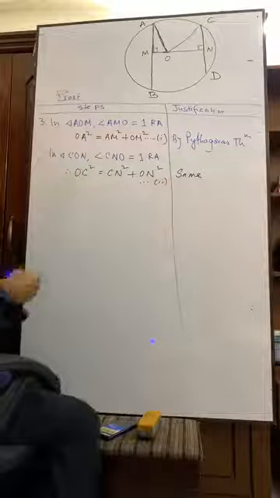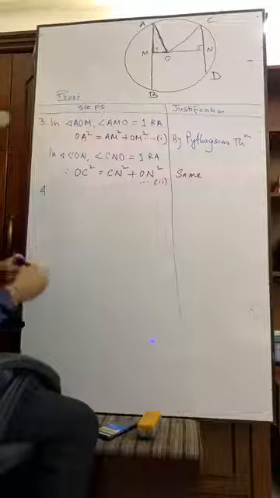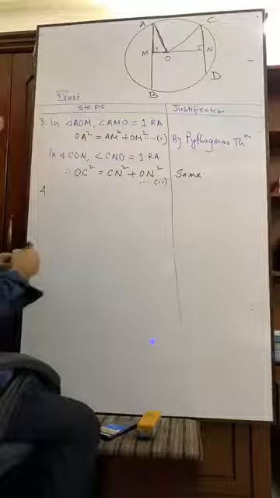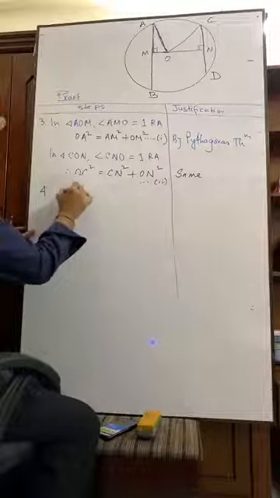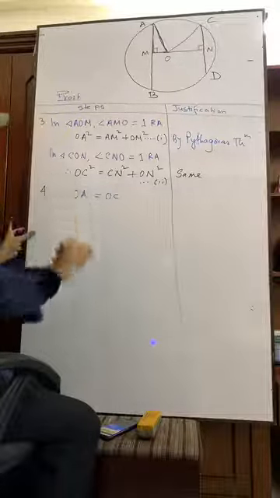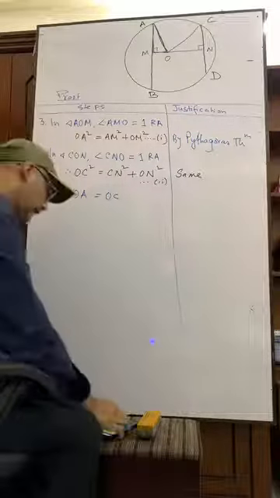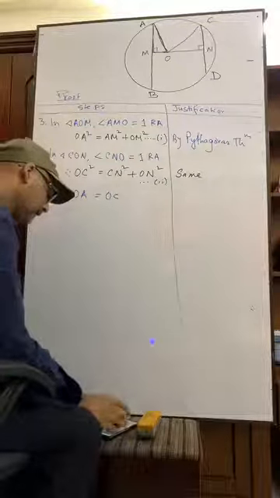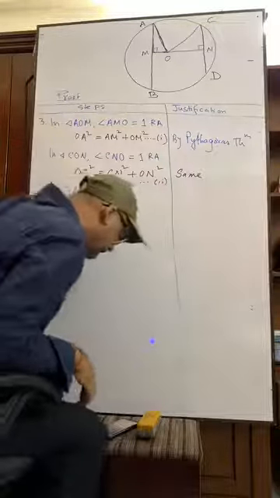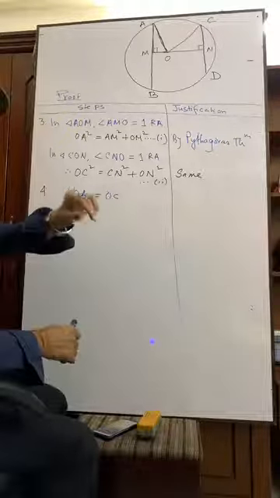In step 4, we get OA equals OC. Can you tell me why they are equal? Just let me know why they are equal. OA and OC are equal.